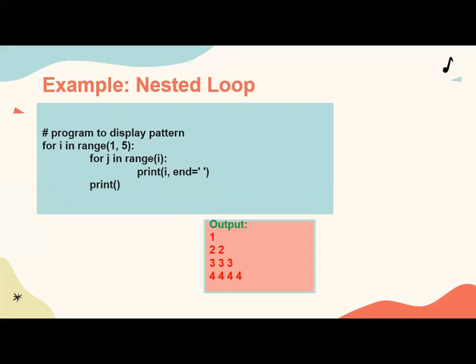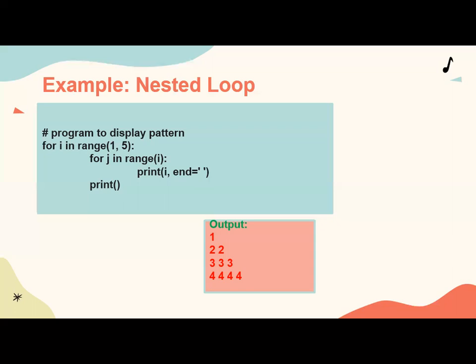Now we can see how this program is executed. For i in range(1, 5), there are 4 rows. Therefore, we need a loop to iterate over the rows. Hence, the outer loop should iterate over the rows. In each row, i is printed row-number times.